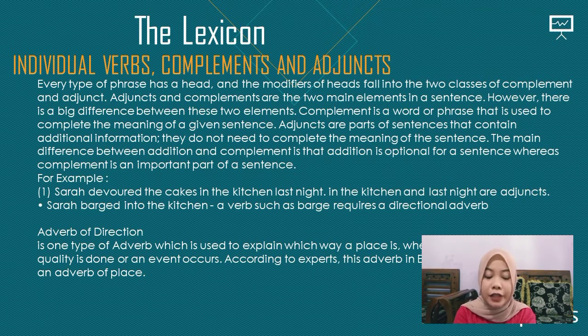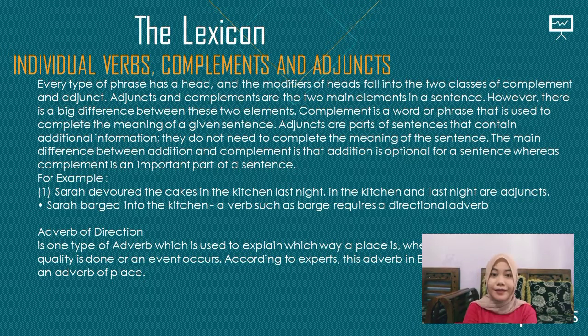Adverb of direction. Adverb of direction is one type of adverb which is used to explain which way a place is, where a job, action, deed, or quality is done or an event occurs. According to experts, this adverb in English can be classified as an adverb of place.